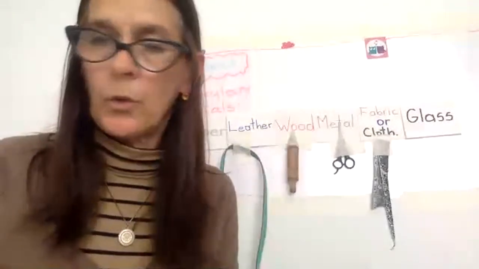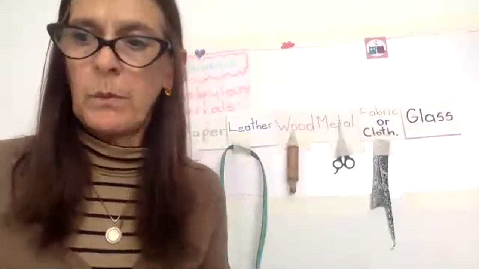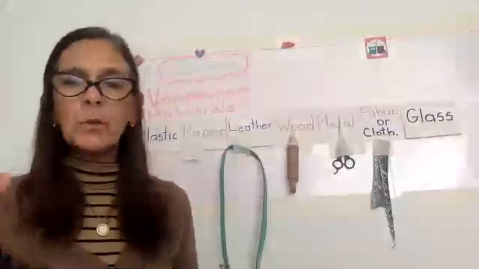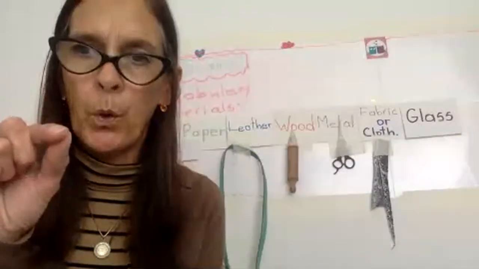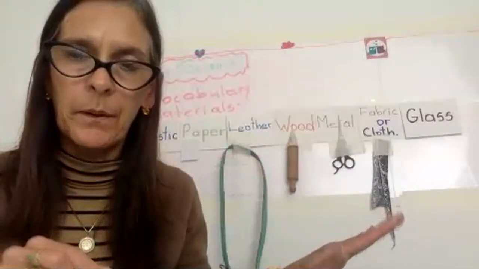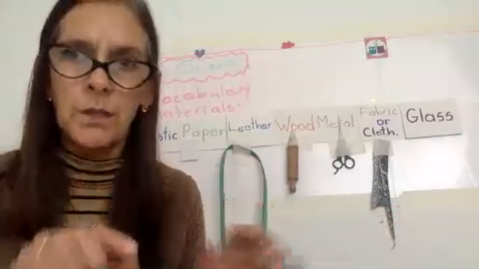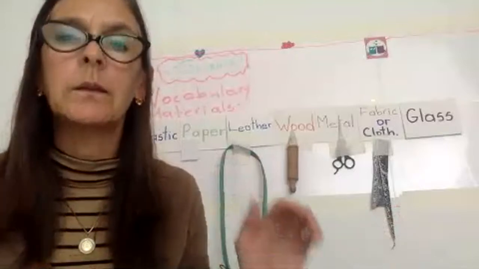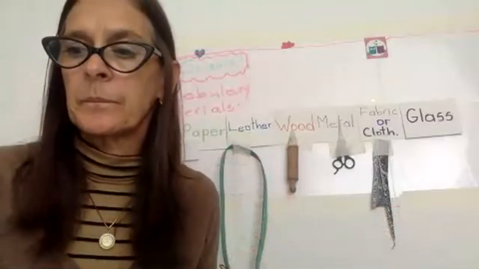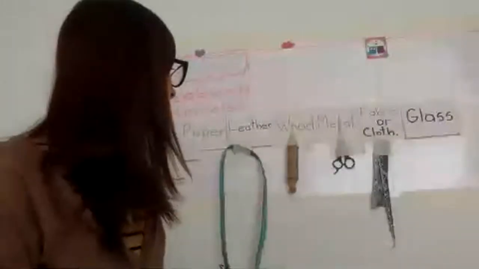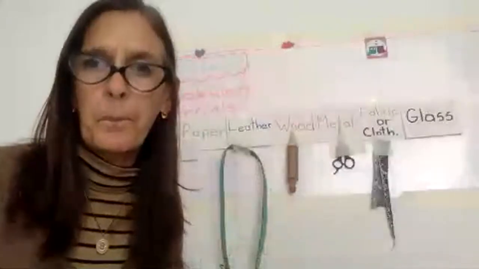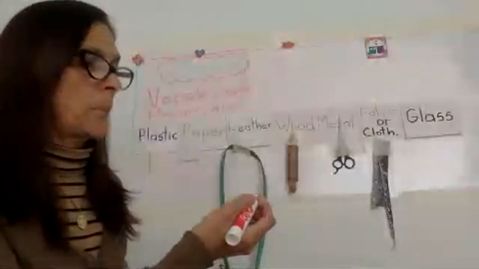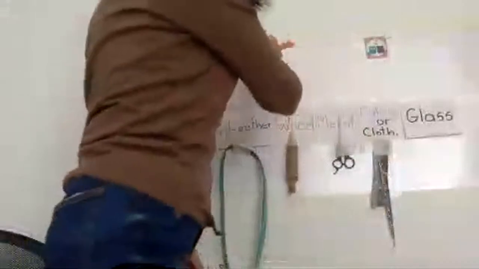So, let's begin. Remember, when we are using our science notebook, we have to point, jump, point, jump, point, jump. I'm going to make the small notebook, a paper of the small.